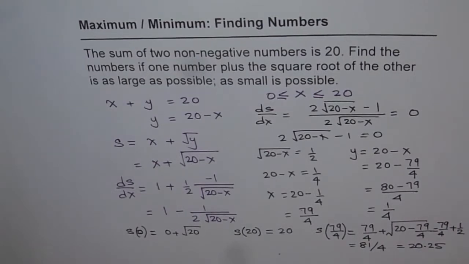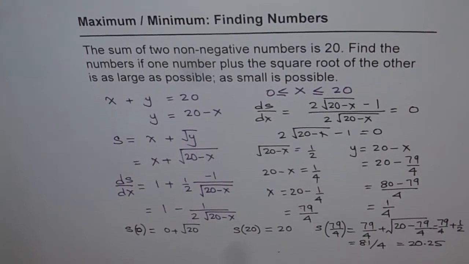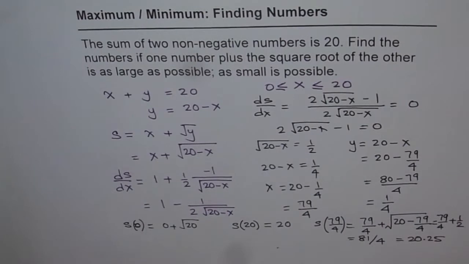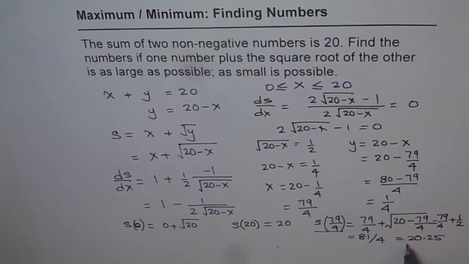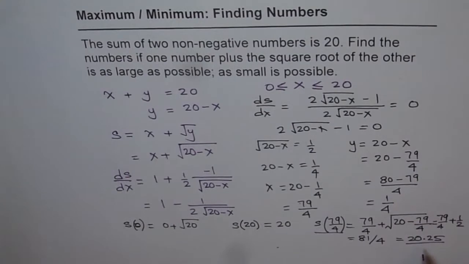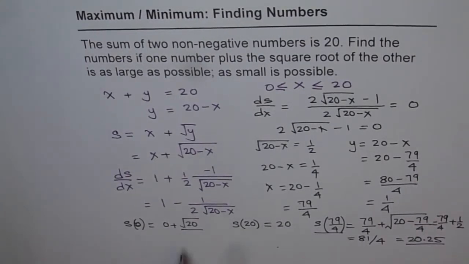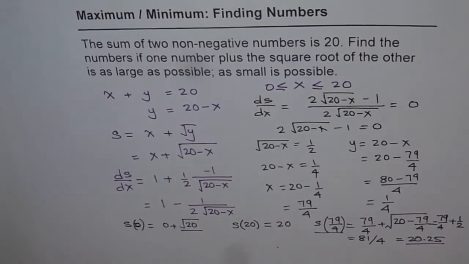Therefore, this is the maximum value. Do you understand? Let me push the paper a bit so that you can see it very clearly. So we have a maximum here for x equals 79 over 4, and the maximum sum will be this much. And the minimum here is this value, square root of 20, right? That is the minimum value.